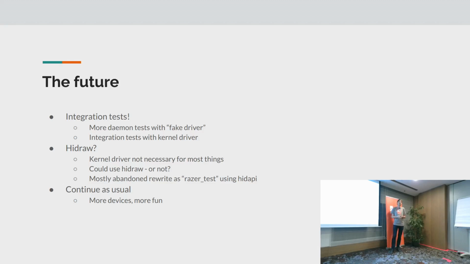I'm slowly trying to look into how we can separate out these parts, make them nice, and put them upstream, and then move the rest to user space. Not long ago there was a thread on the kernel mailing list about whether hidraw should be used for these things in user space, or if it's just for debugging. Even the kernel people are not really sure what to do there.